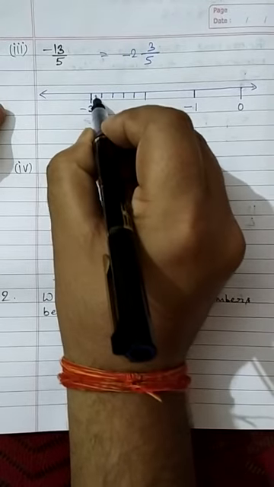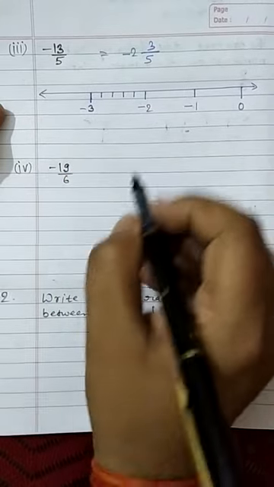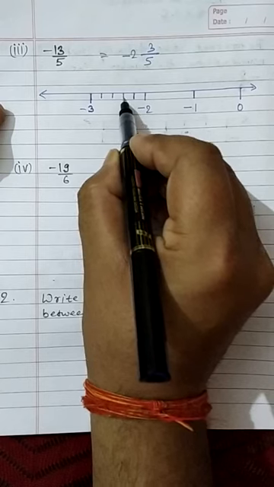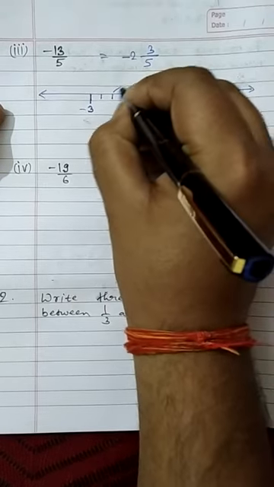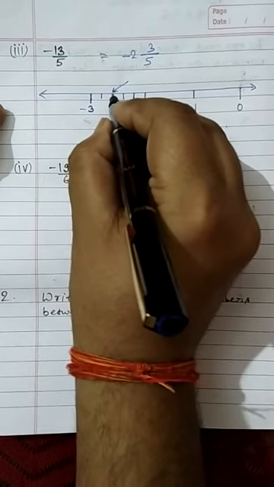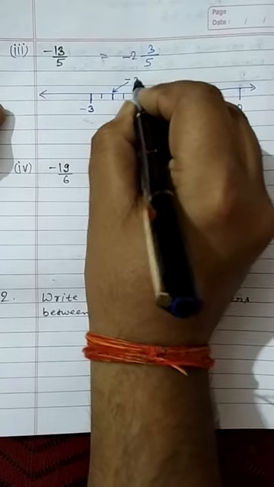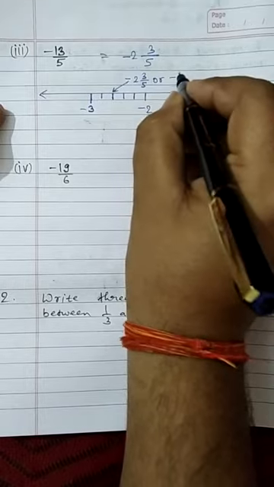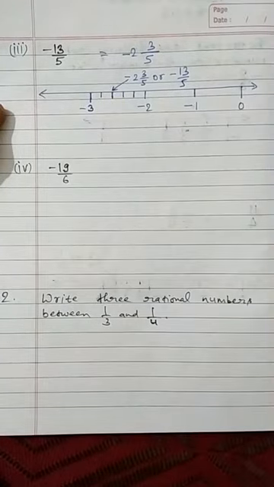Let us count. 1, 2, 3, 4, 5. Now this is 1 upon 5, 2 upon 5, 3 upon 5 and 4 upon 5. So this is the required point on this number line, minus 2 and 3 upon 5 or minus 13 upon 5.